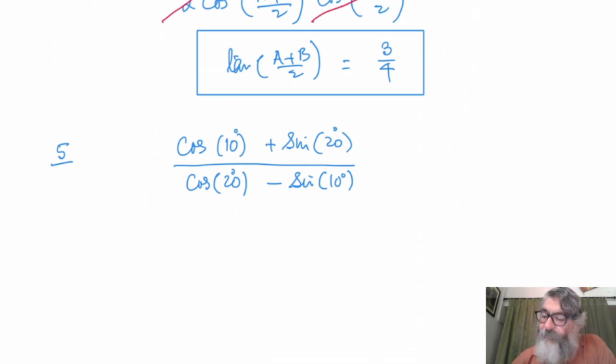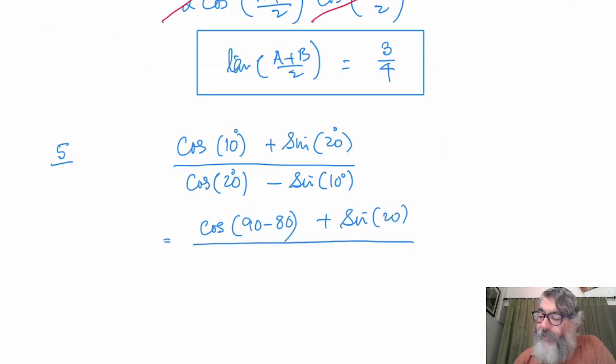Sines are easier. So instead of cos 10, it can be written as cos (90 minus 80), so cos 10 plus sin 20. Similarly, I can write cos 20 as cos (90 minus 70).